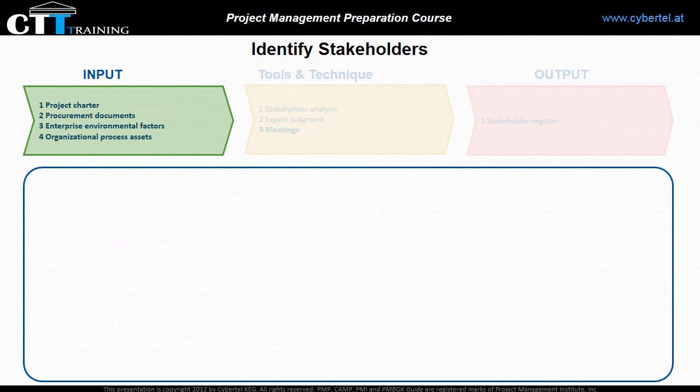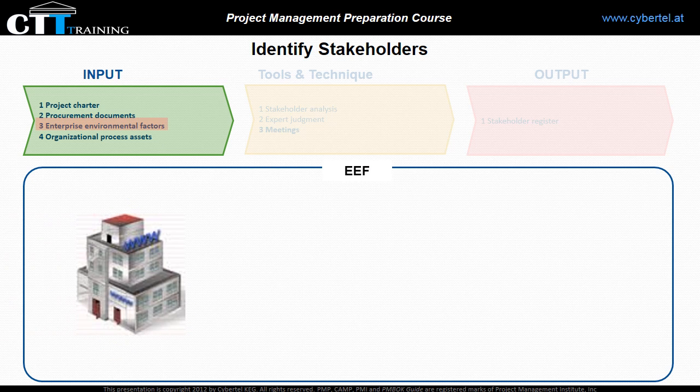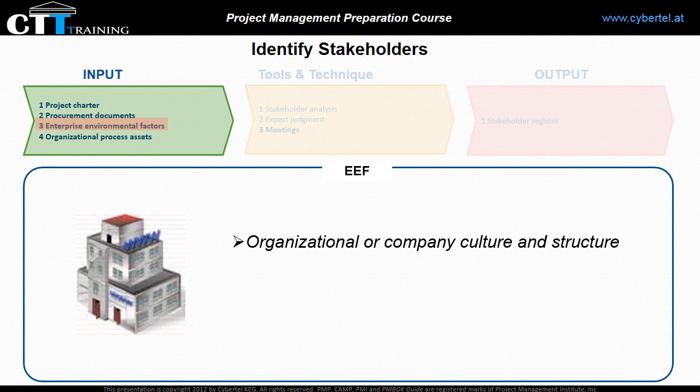The third input is enterprise environmental factors. We learned that they may enhance or constrain a project. How can the enterprise environmental factors influence me in identifying stakeholders? For example, you will need to know about organizational or company culture and structure to identify the culture and the power level of the identified stakeholders. Governmental or industry standards.